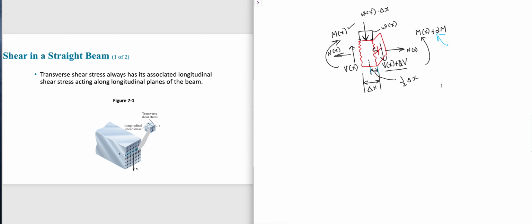Okay, so we will deal with this cut now. So I'm going to keep everything the same except this, because anyways N of x has to balance, and I'll slightly move this V of x plus something a little far away. What I want you to observe is this cross section.